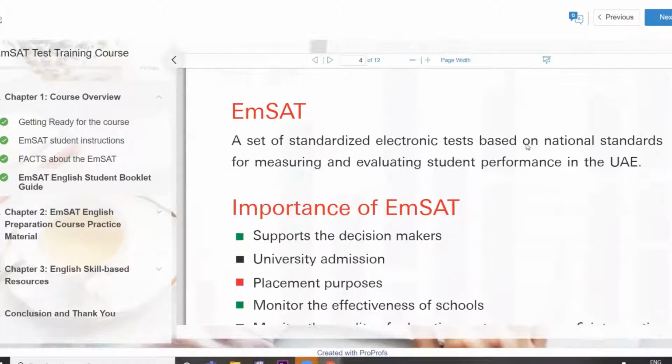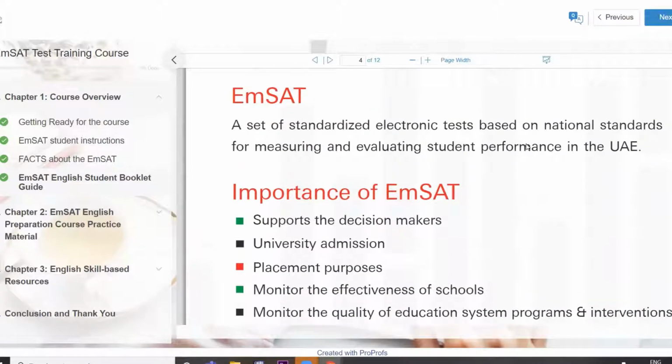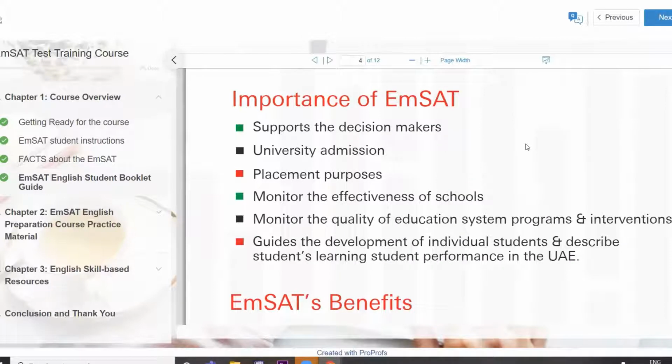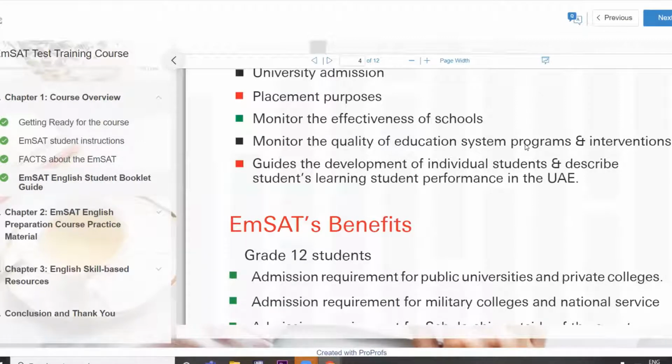EmSAT is a set of standardized electronic tests based on national standards for measuring and evaluating student performance in the UAE. It's important because it supports decision makers, university admission, placement purposes, and monitors the effectiveness of schools. It also monitors the quality of the education system, programs, and interventions, guides the development of individual students, and describes student learning and performance in the United Arab Emirates.